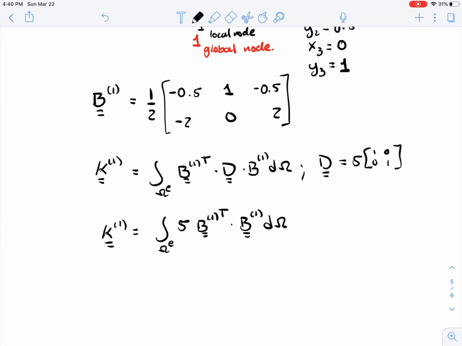So we need to integrate this over the triangle, but note that the B matrix is a constant, so I can take it out of the integral, and then what I'm going to end up with is just 5 B1 transpose B1 times the integral of d omega, and this is just the area of the triangle.